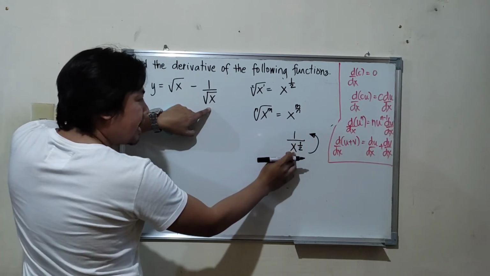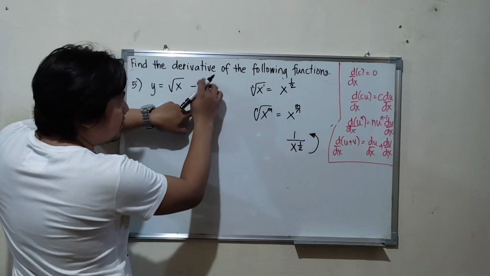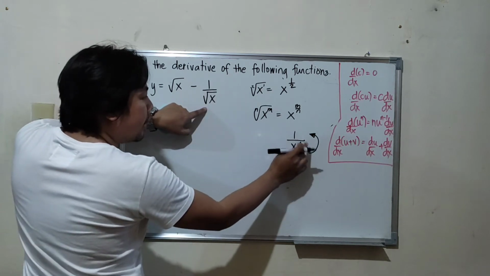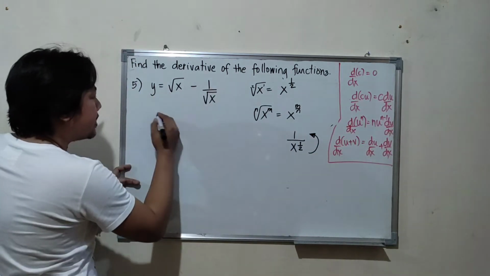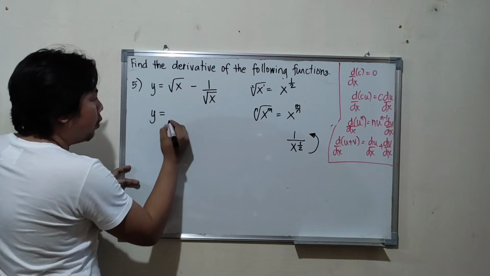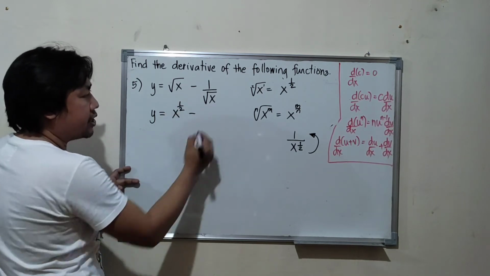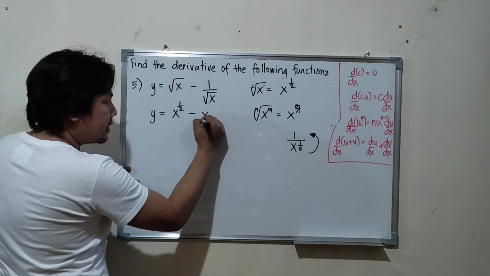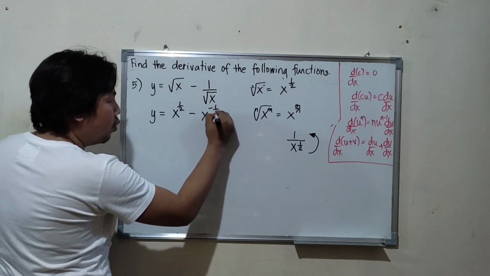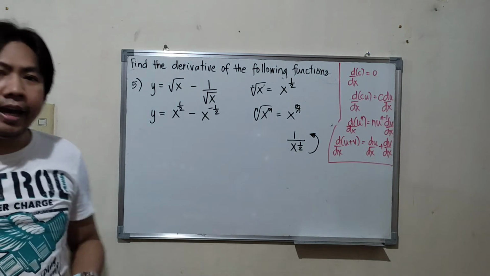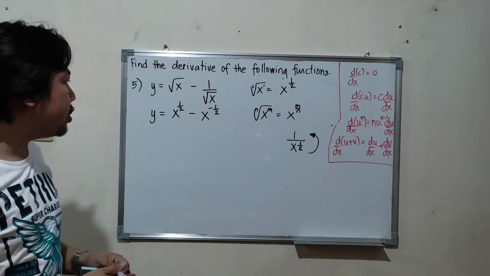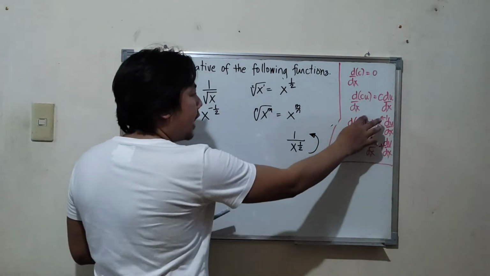So, magiging x raised to negative 1 half. So, this is equivalent to x raised to negative 1 half. So, therefore, this term is now equal to y equals x raised to 1 half minus x raised to negative 1 half. Okay? So, now, we can use this formula u to the n.